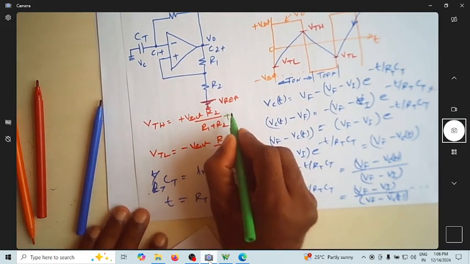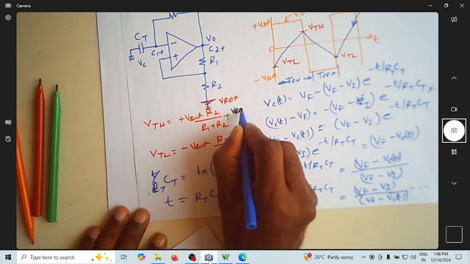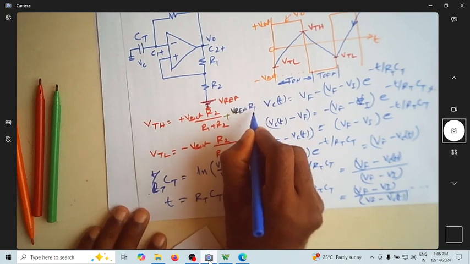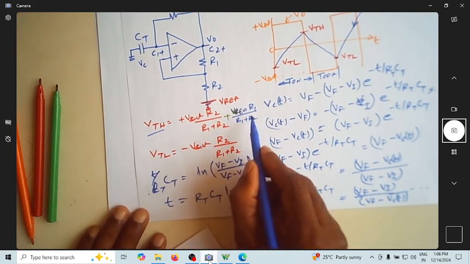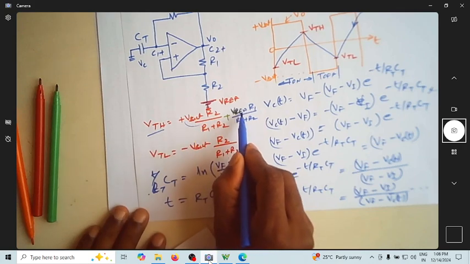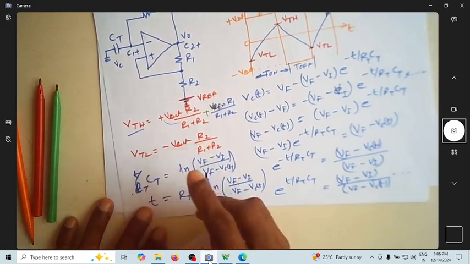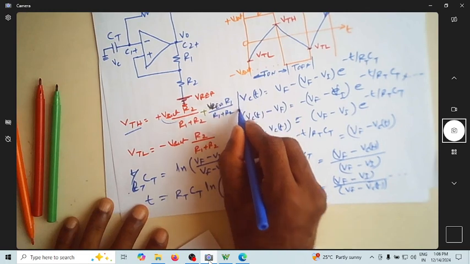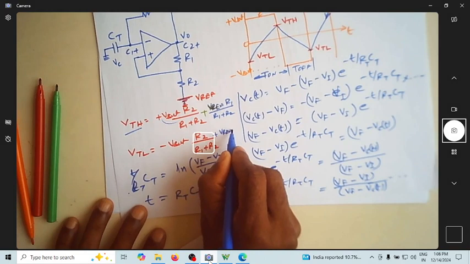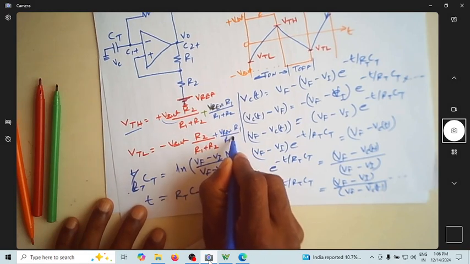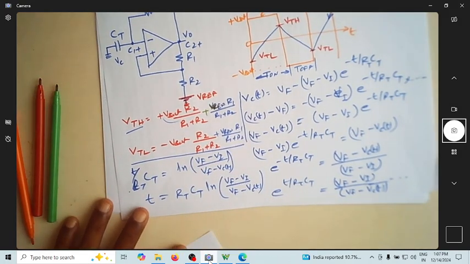That term is V reference multiplied by R1 divided by R1 plus R2. So the expression for VTH will be this plus V reference R1 by R1 plus R2, and it is still minus Vsat R2 by R1 plus R2. This is the expression for your T on and T off.